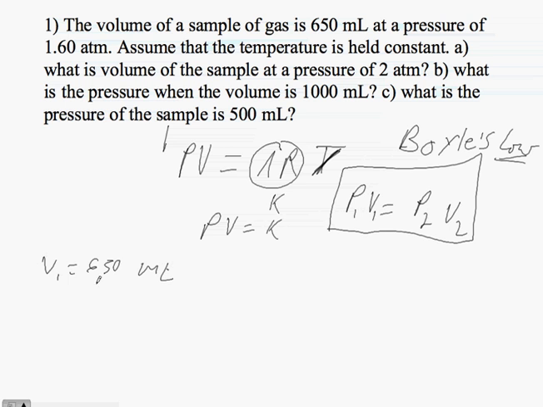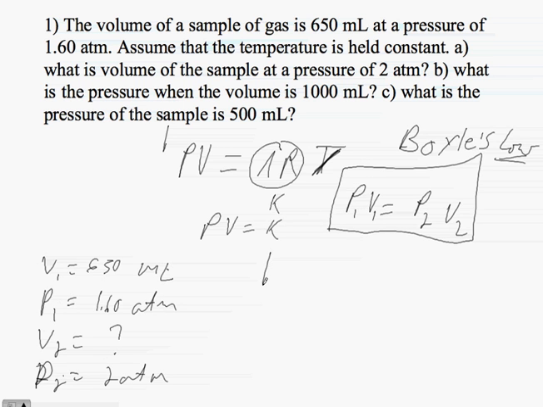At a pressure of 1.6 atmospheres, so my P1 is equal to 1.60 atm. Assume that the temperature is held constant. What is the volume? So V2 is what we're looking for, of a sample at a pressure of 2. P2 is equal to 2 atmospheres.